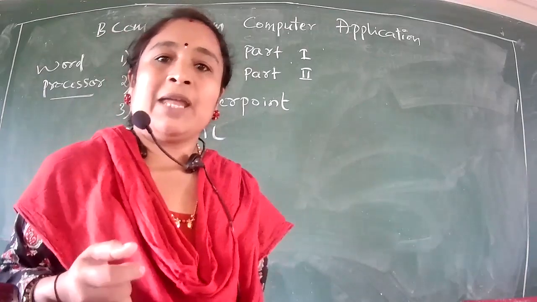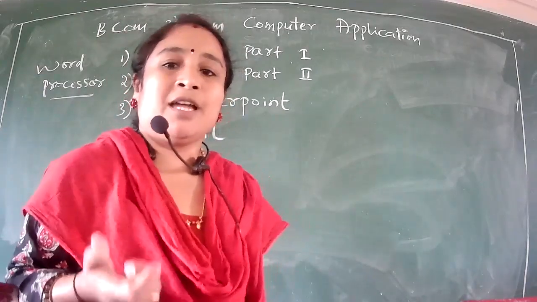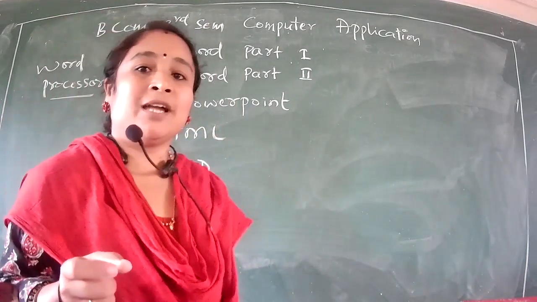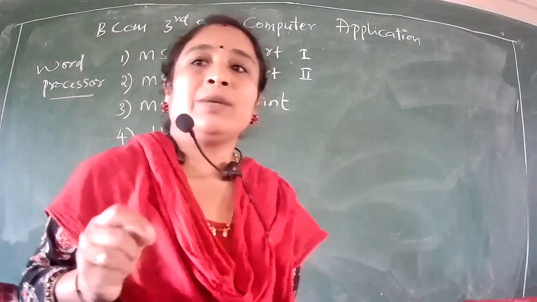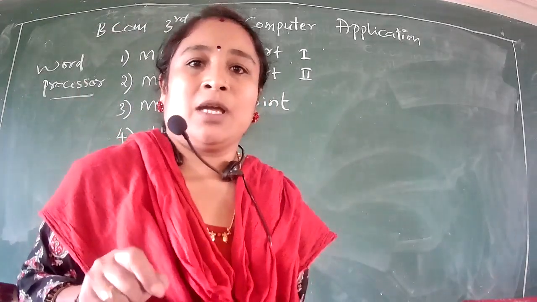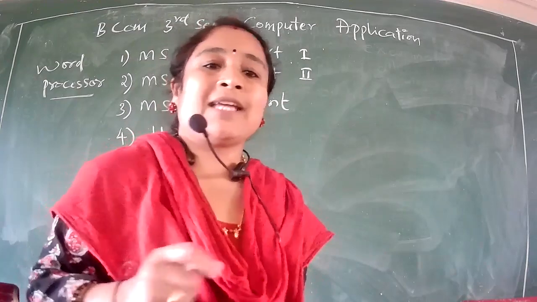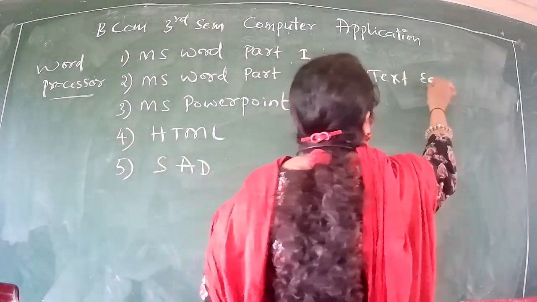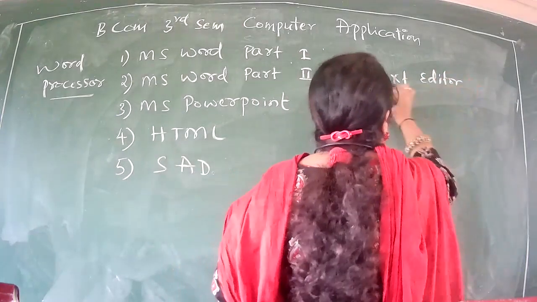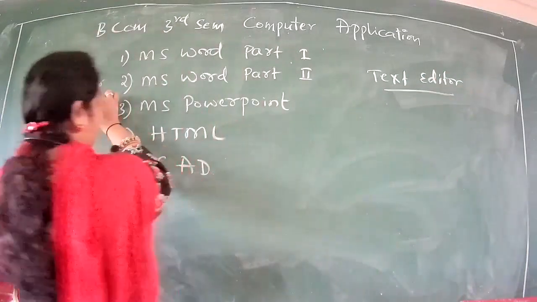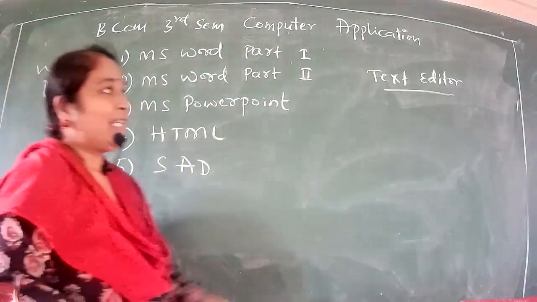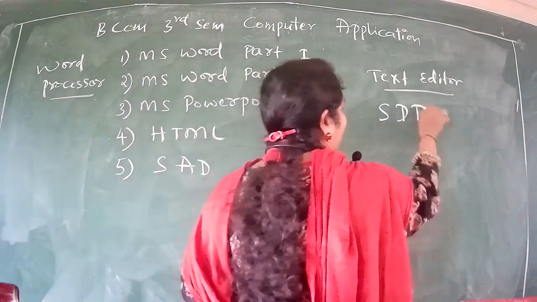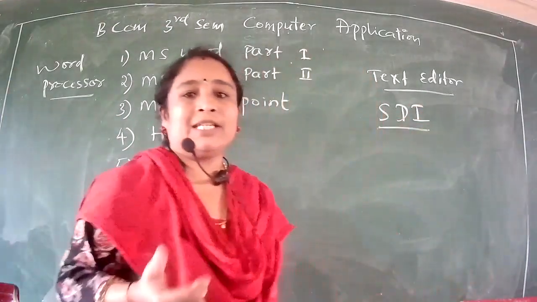One more name we can say is text editor. A text editor is also a kind of word processor, but it has some limited basic features. The difference between a text editor and a word processor is that a text editor has SDI, single document interface.